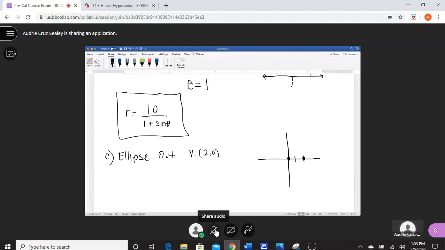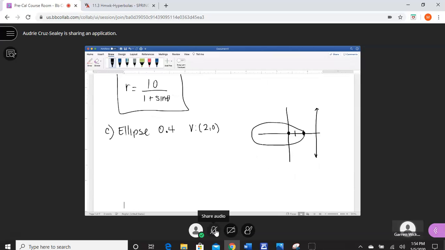Do we all agree with that? Everybody good? Which means if that's my focus and that's my vertex, that means my directrix is over here somewhere. Do we agree with that? And if it's an ellipse, it looks like that. That's just a sketch.